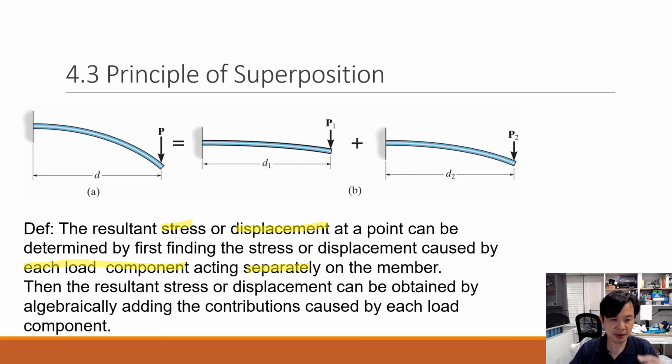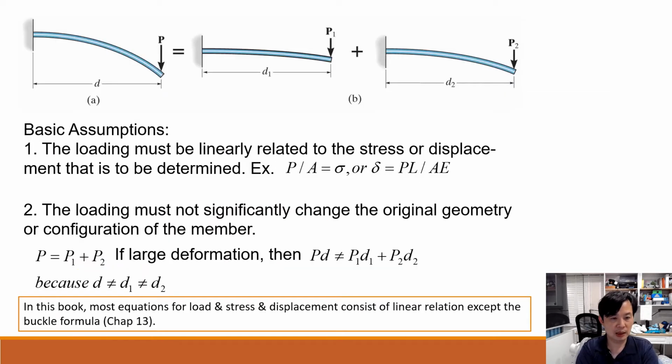So these types of idea can be used in mechanics of material, of course, in the following complex problem. In these slides, we'll try to mention some basic assumption or requirements for this magic rule.